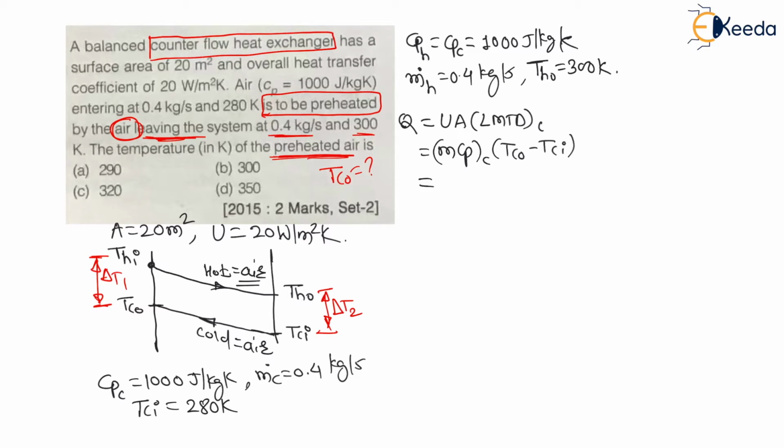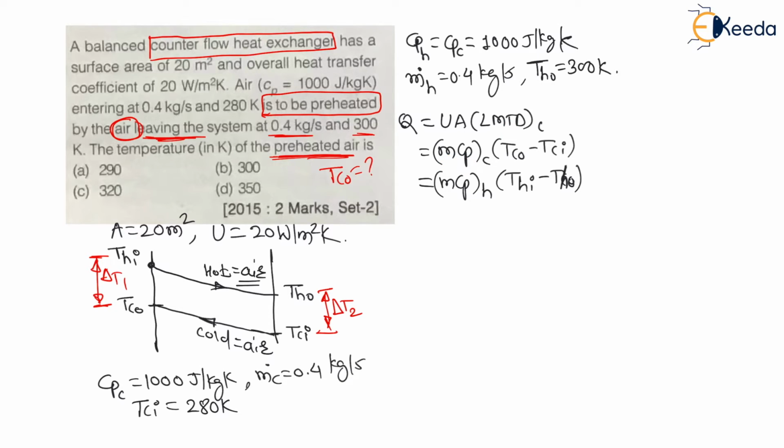And in terms of the hot fluid, it will be m Cp of hot fluid into THI minus THO. This is how the heat transfer can be written. Now here, U is given, A is given, and LMTD we have to calculate.